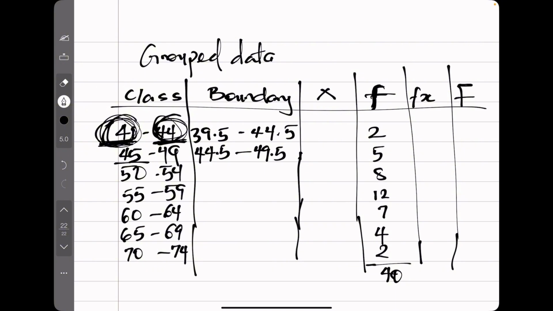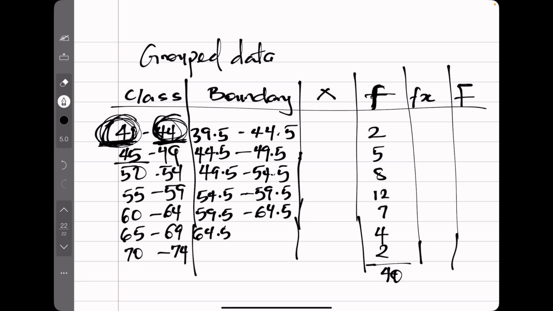So this will be 49.5 to 54.5, then 54.5 to 59.5, 59.5 to 64.5, 64.5 to 69.5, 69.5 to 74.5.